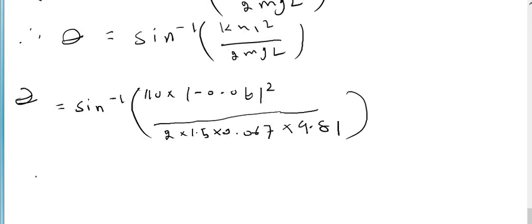By substituting, theta is equal to 11.5 degrees. So that is the value of theta. That is option A.